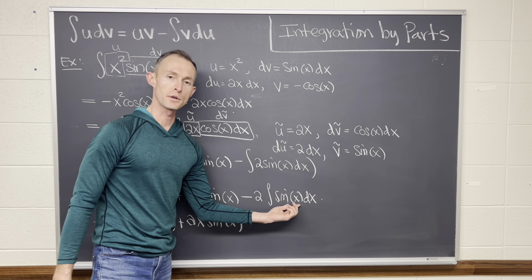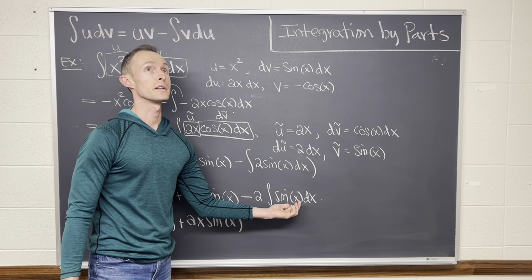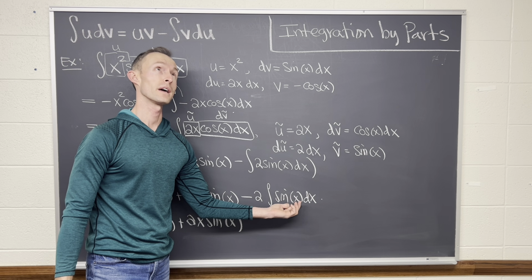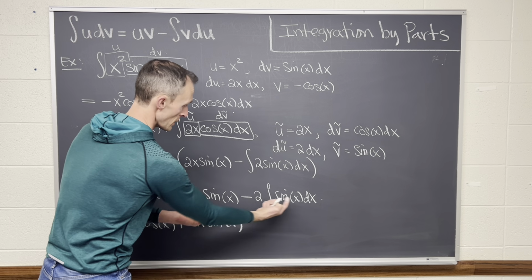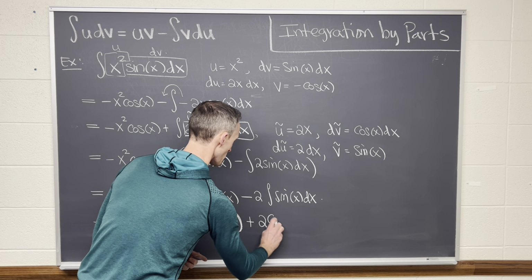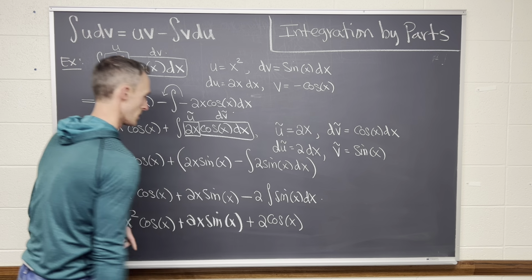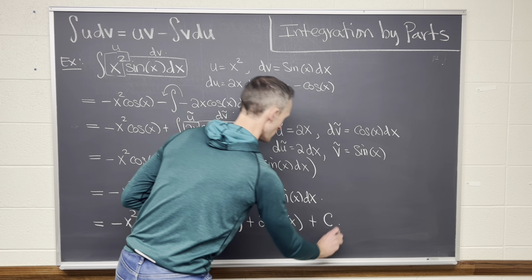Now, what's an antiderivative for sine? I'm looking for a function whose derivative is sine. That's going to be a cosine, but that's not right with that sign, so it needs to be negative cosine. So the negative cosine and the negative 2 will give me a plus 2 cosine of x. And then plus c, because this was an indefinite integral.